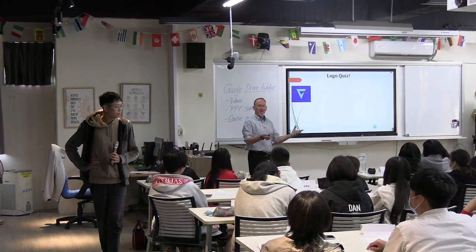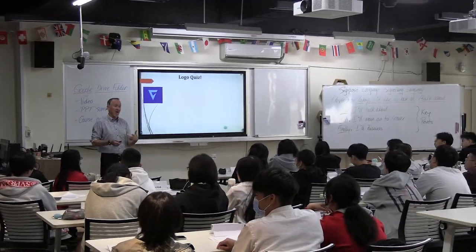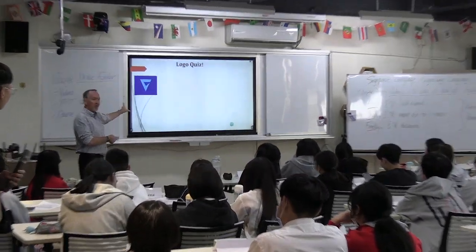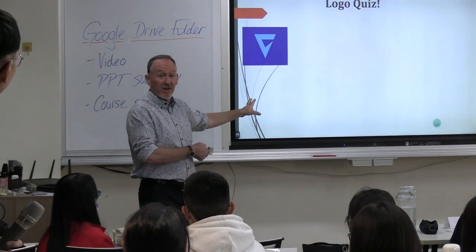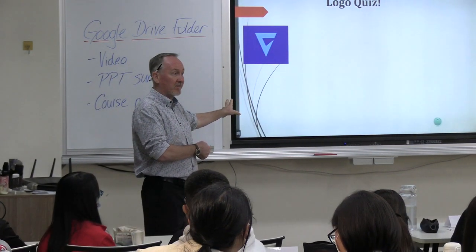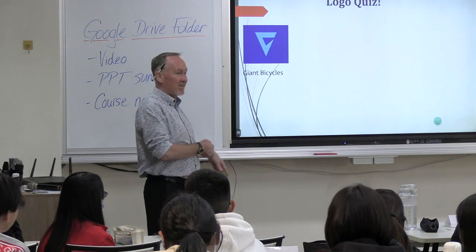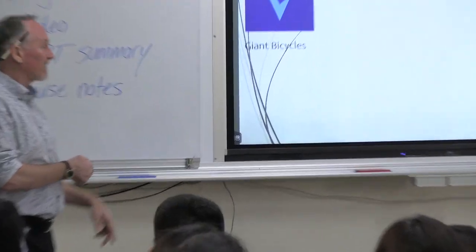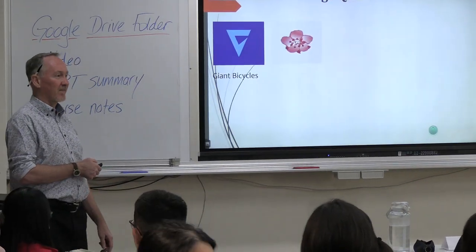So maybe you recognize these brands. Last week we were talking about brands. Does anyone know this one? Very famous brand in Taiwan. Taiwanese company. Giant bicycles. No one knows? Okay, how about this one?